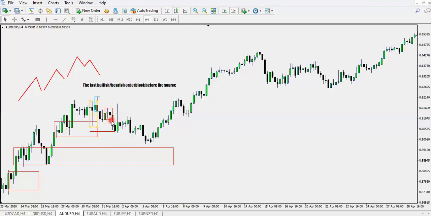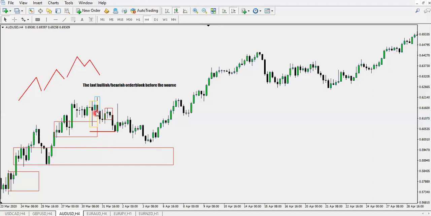Okay, so now we can start looking for a change in direction. Now remember, the bullish order blocks were creating higher highs here, and we were following it by using the institutional order flow of bullish order blocks. Okay, and now we have our breaker block.